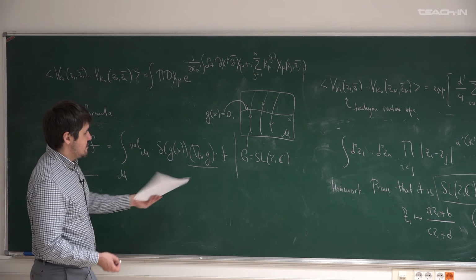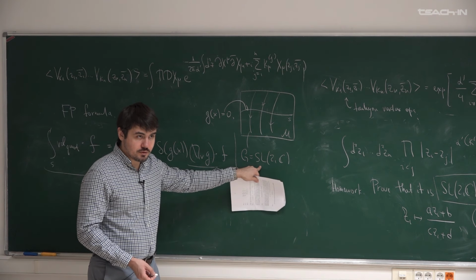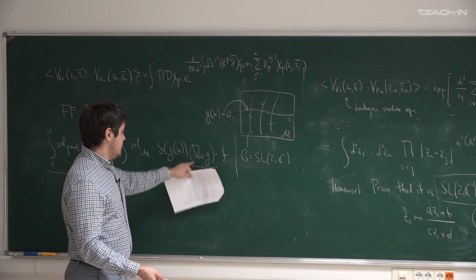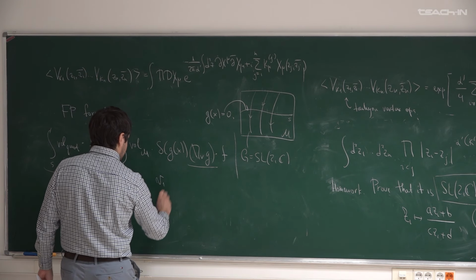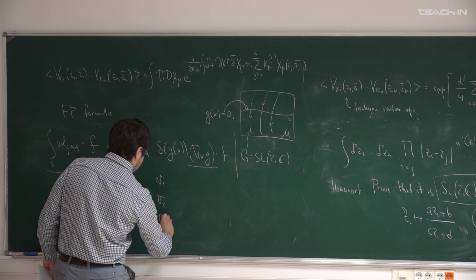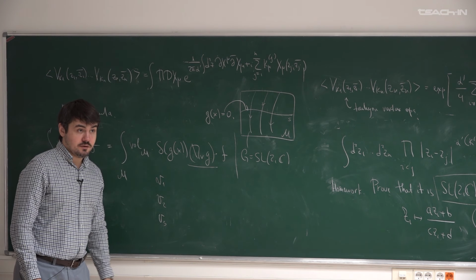So here, precisely, we have a three-dimensional group, so we have to impose three gauge fixing constraints. We will have vector fields V1, V2, V3, and gauge conditions G1, G2, G3. And this will be a matrix of derivatives. Okay?